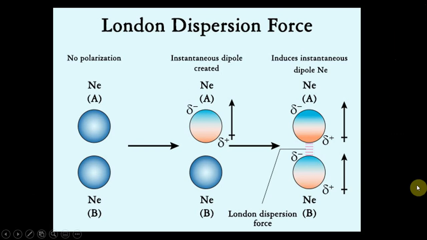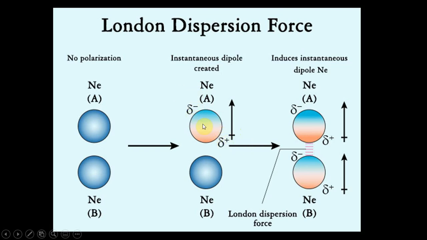All right, so let's say between neon atoms, we have a neon atom. They are essentially electrically neutral. Electrons are dispersed evenly overall. They come close to each other. Perhaps there's a momentary shift of electrons to one side of the atom over the other.